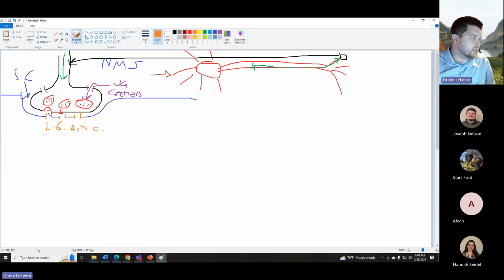Okay, so the ligand that is gating these channels is going to be acetylcholine. When acetylcholine comes and binds, specifically these are ligand-gated acetylcholine cation channels.